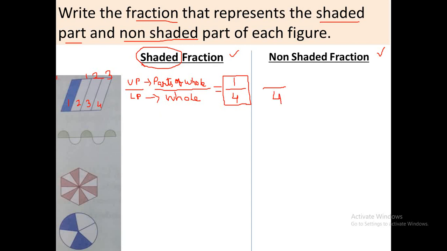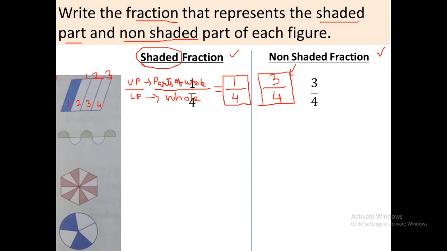So I will write 4 over here. In the upper part I am writing the non-shaded parts. How many non-shaded parts are here? 1, 2, 3. So I will write 3 in the upper part, right? And this is the fraction for the non-shaded part of this figure. This is 3 by 4 and the shaded part is 1 by 4. Okay.